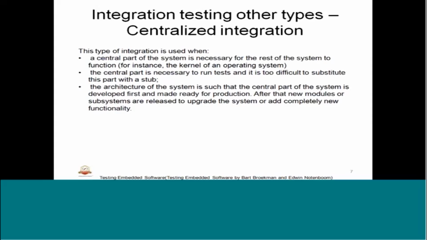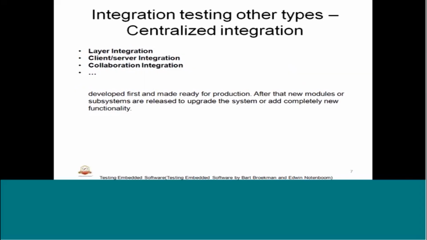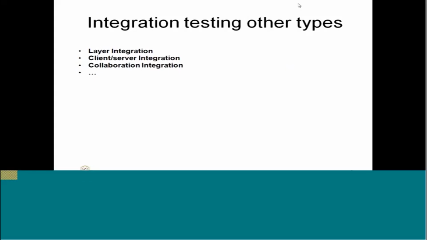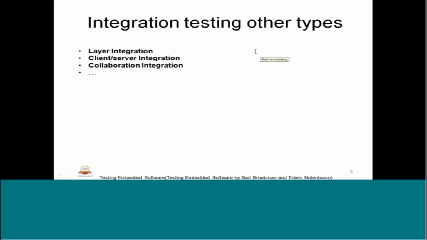There are other types of integration we have gone through quickly. Layer integration, where different layers are used, such as application, mid layer, lower layer, and the device drivers or the hardware related layers. This is particularly useful, which I think I forgot to tell, when we test a network protocol, so better to have layered set of testing.